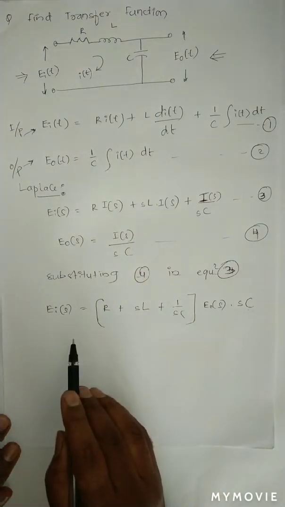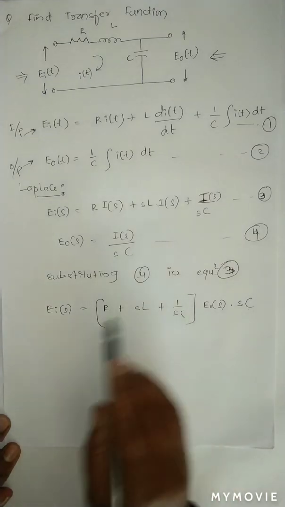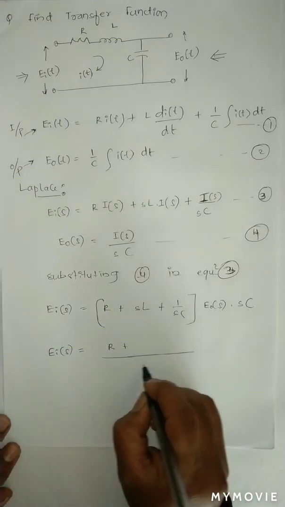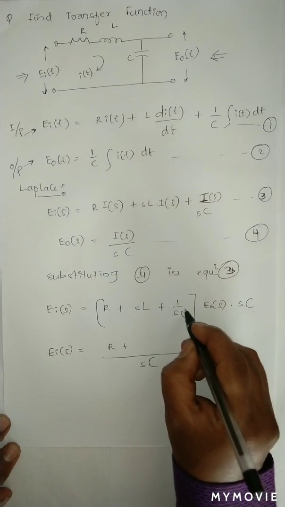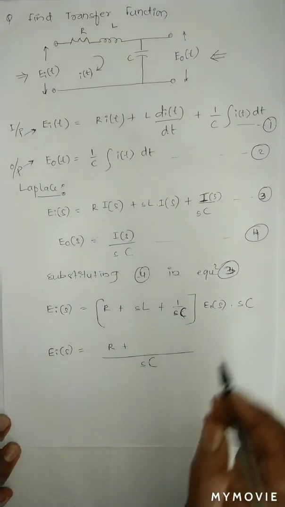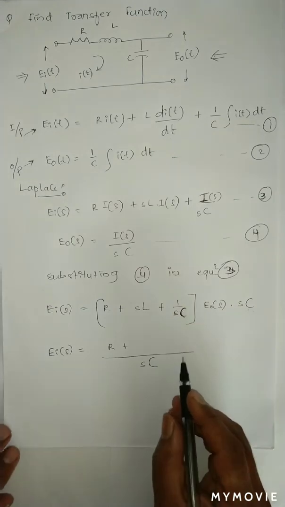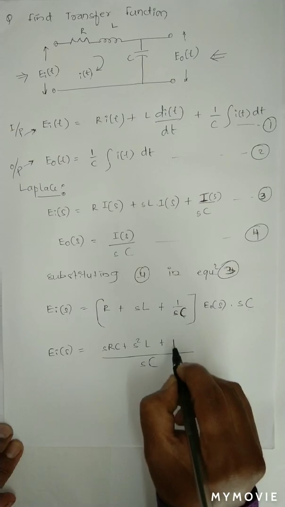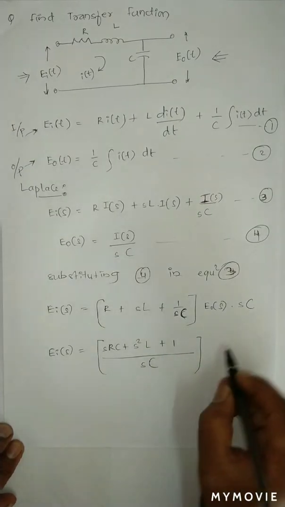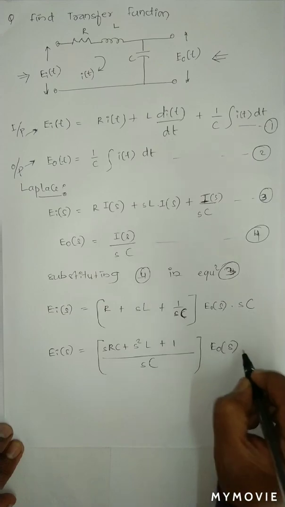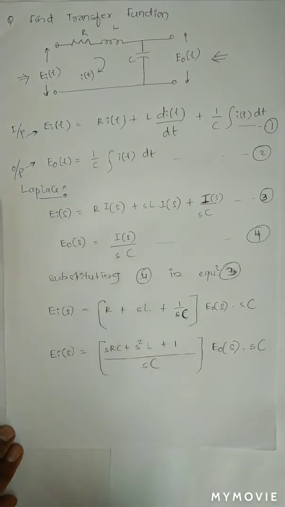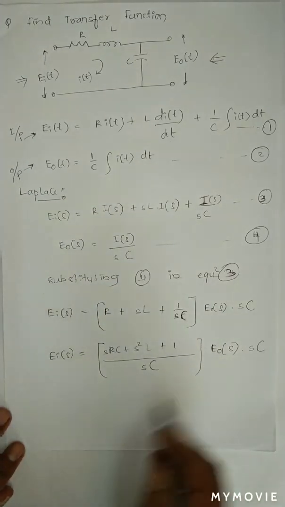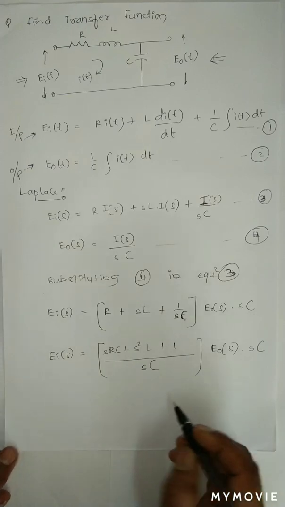So E naught of S by EI. This I will take LCM to avoid confusion. So R plus 1 by SC, if I take SC common, then it becomes SC, S square LC plus 1, right, into E naught of S into S into C. Now what I will do, I will take E naught on this side and EI on the other side, or else E naught I will take on the left hand side.